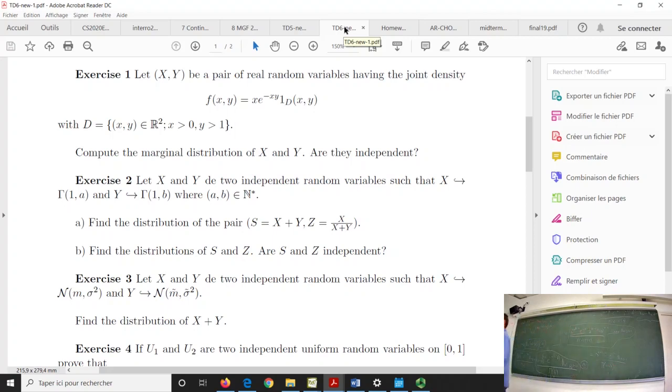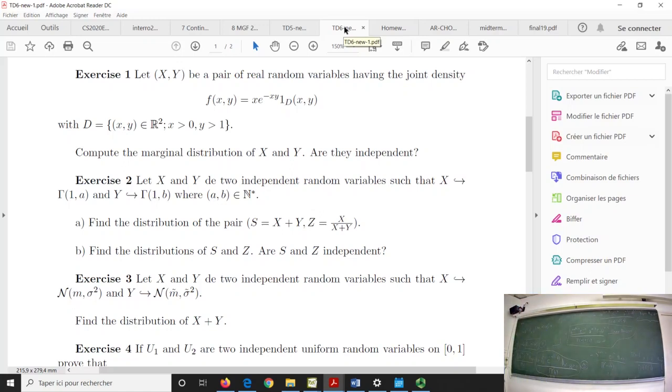Here I have the density of a gamma of parameter A plus B. But if I do this, it means that I have to multiply by gamma A plus B. Okay? And then I copy the remaining terms that are Z^(A-1), (1-Z)^(B-1), indicator function of Z between 0 and 1 over gamma of A, gamma of B.